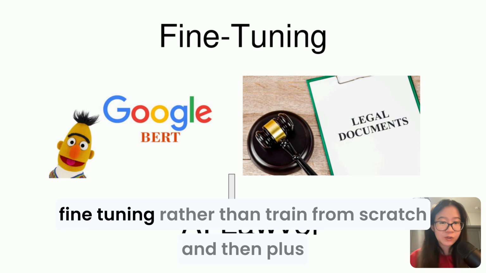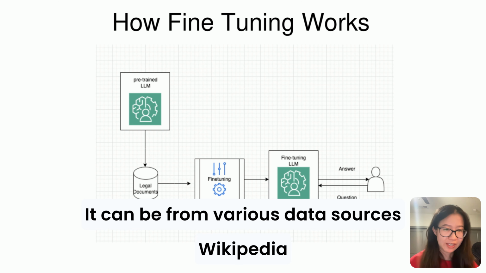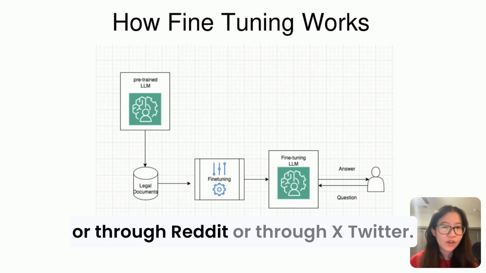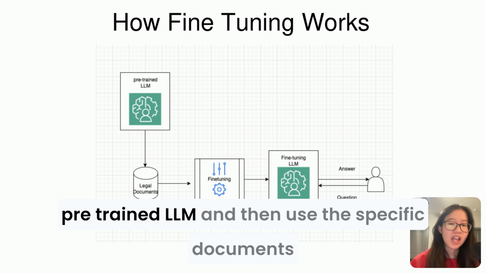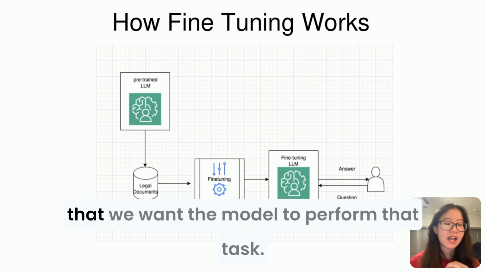Now let's look at this diagram and see the big picture of how fine tuning works. Here at first we have a pre-trained LLM, which is already trained on a massive amount of text data. It can be from various data sources, Wikipedia, Reddit, or X, Twitter. So all of this is already pre-trained. Our job is to take that pre-trained LLM and use the specific documents that we want the model to perform that task on.